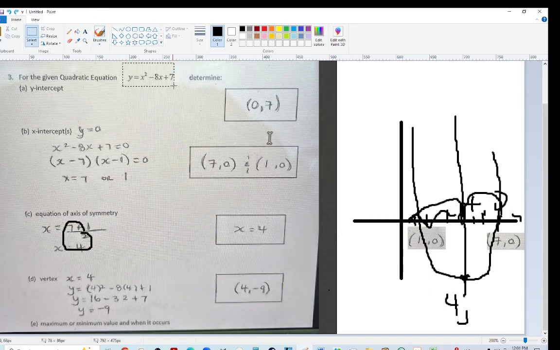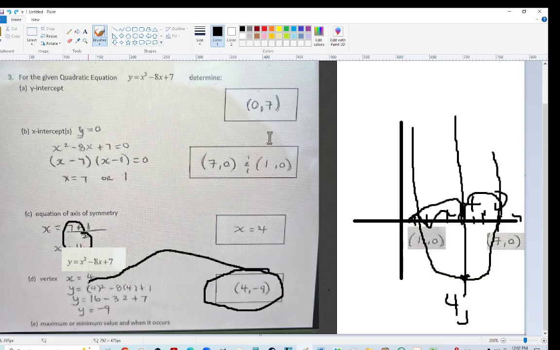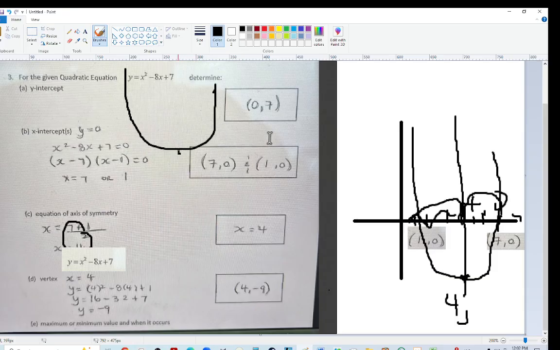Once you put 4 into there, 4 squared is 16, minus 8 times 4 is minus 32, plus 7. It comes out to minus 9. Thus, he has figured out the vertex without completing the square. It is, of course, a minimum, so he's discovered it's down here.